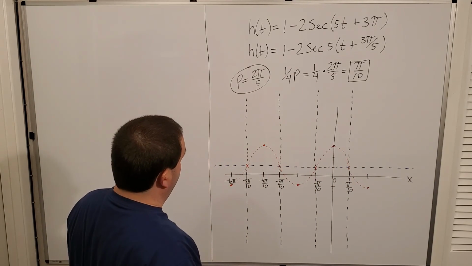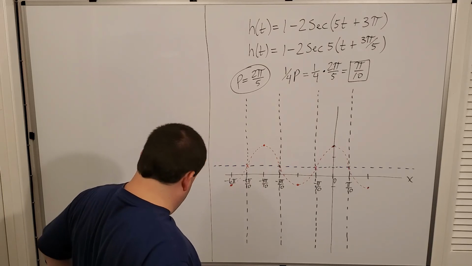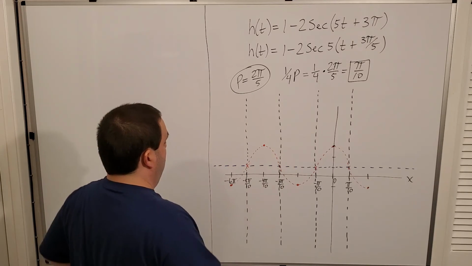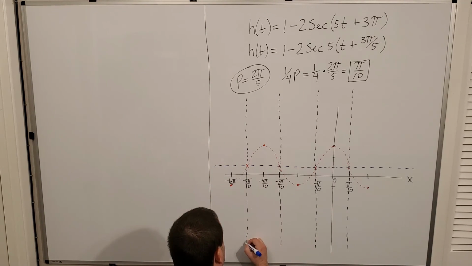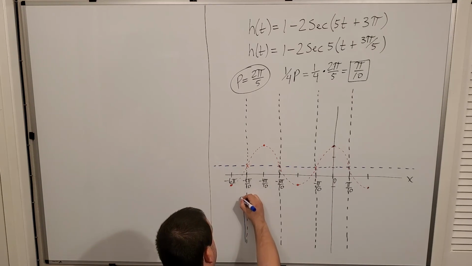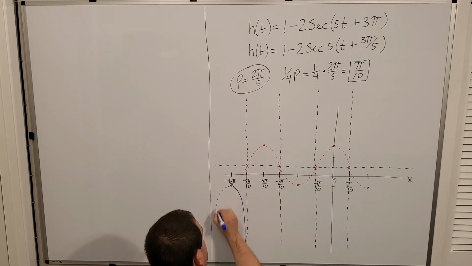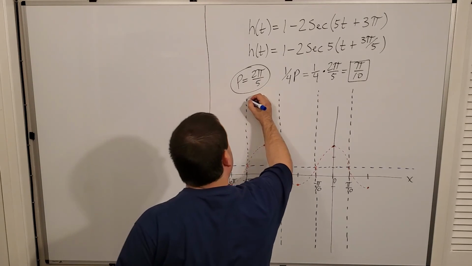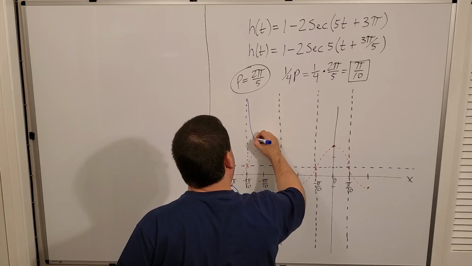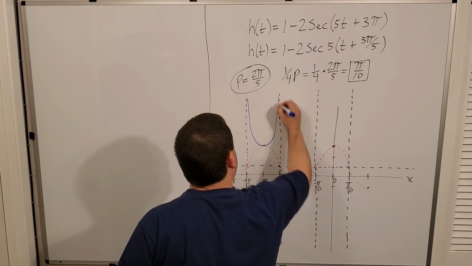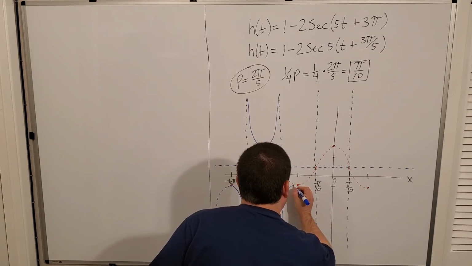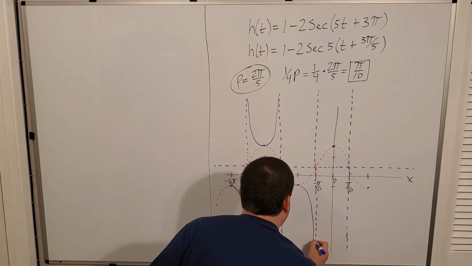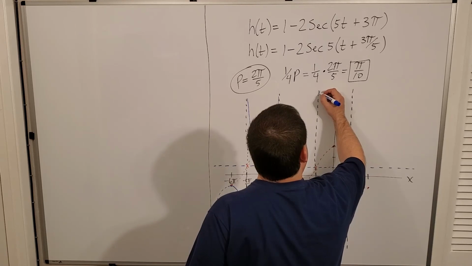So then, to draw in my secant graph, I'm just going to hug the walls and kiss the peaks. So that's going to be here. Right? It's going to go this way some. That's going to be here. Here. Here.